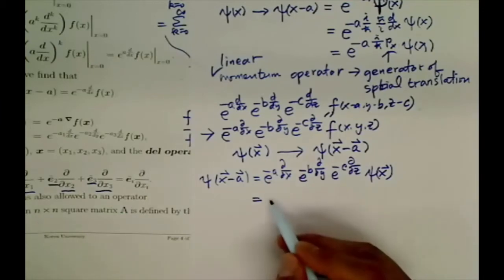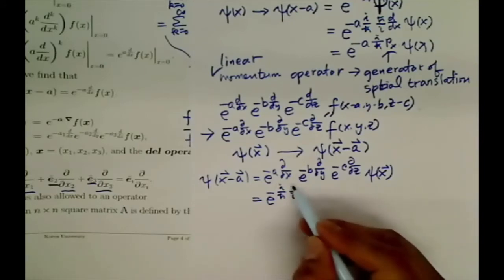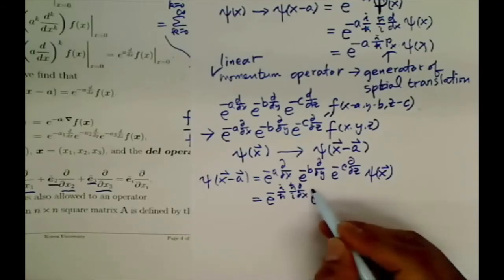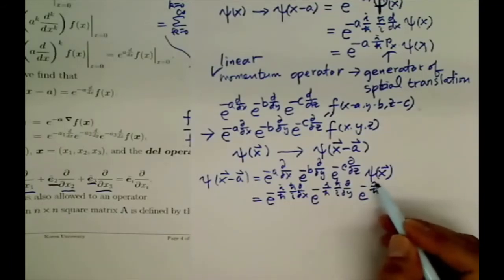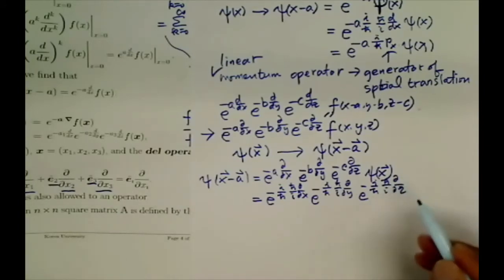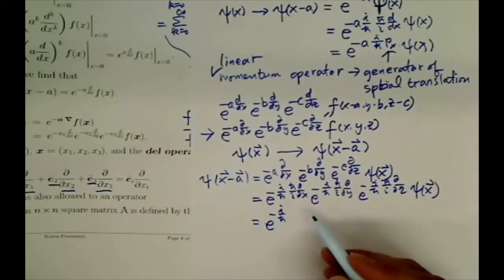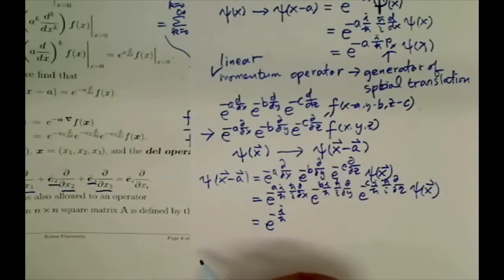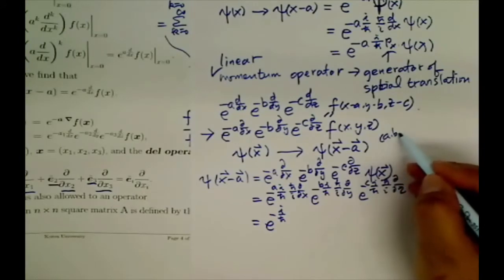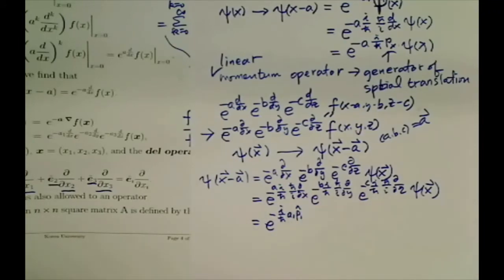And actually this is e to the minus... here a, b, and c. Let me call this one a, b, c is just a vector a. This is a1, p1 operator. This is not a unit vector but an operator.